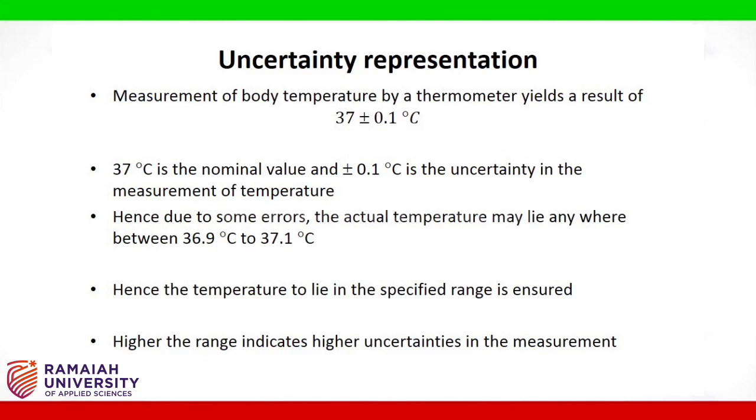Hence, due to some errors, the actual temperature may lie anywhere between 36.9 to 37.1 degrees Celsius. Hence, the temperature is ensured to lie in the specified range. A higher range indicates higher uncertainty in the measurement.